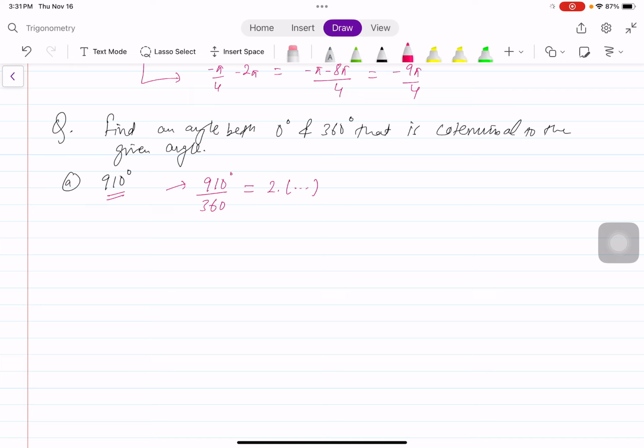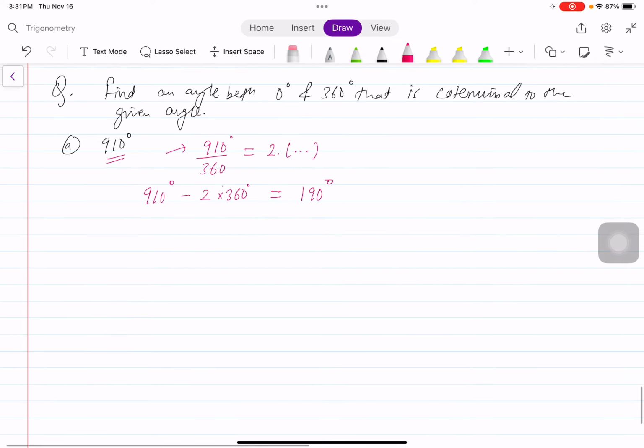So I can do simple math: 910 degrees, and I subtract 2 times 360. This will provide a value that lies between 0 and 360, which is 190 degrees.